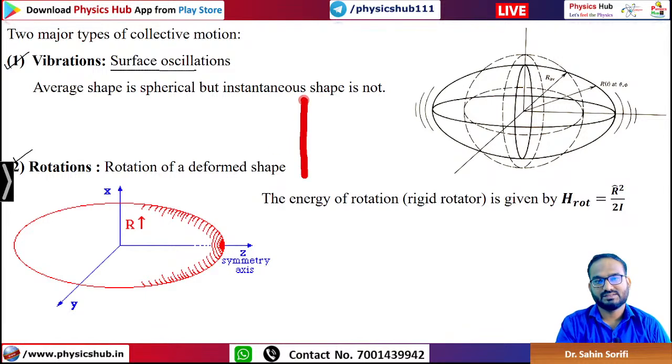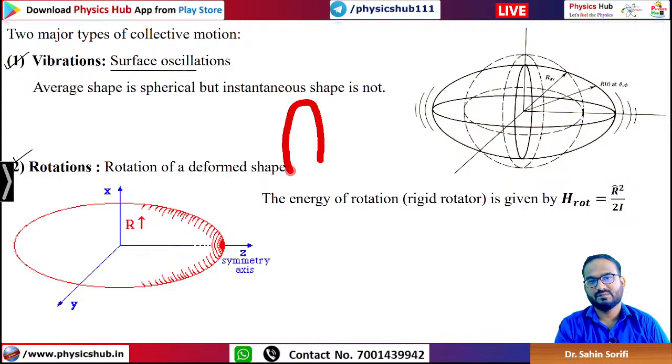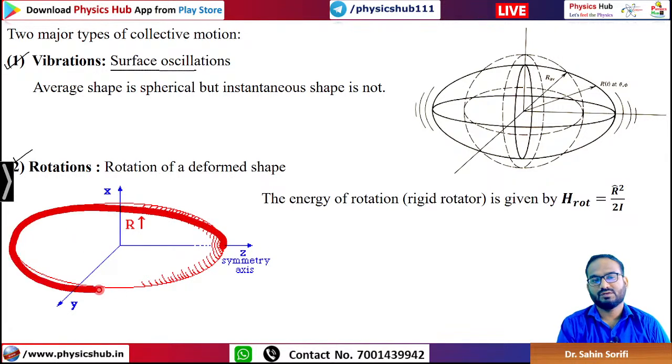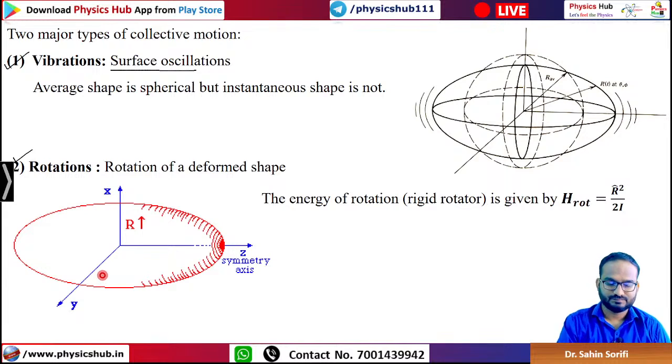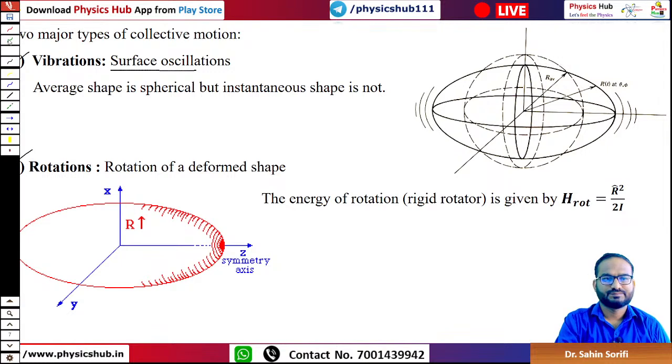We took the z axis or symmetry axis, and with respect to that, if it is elongated along the symmetry axis, that is prolate, and if it is in the perpendicular direction, we call it oblate. Here you can see this is a symmetry axis, so it should not be prolate. Rotation, prolate, yeah. For vibration we don't consider that.